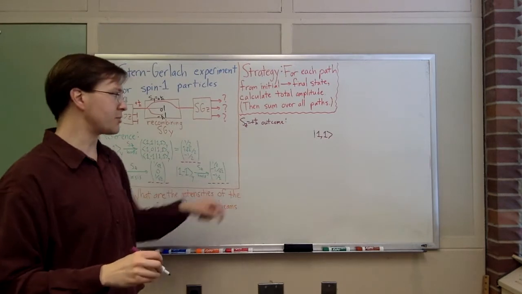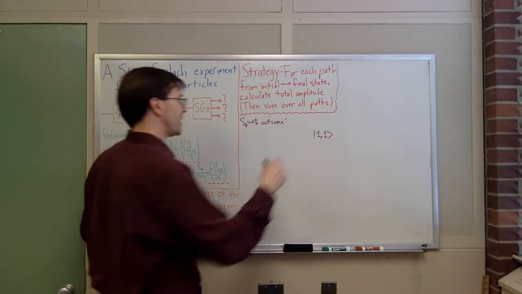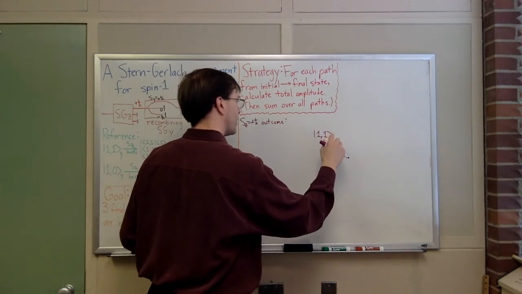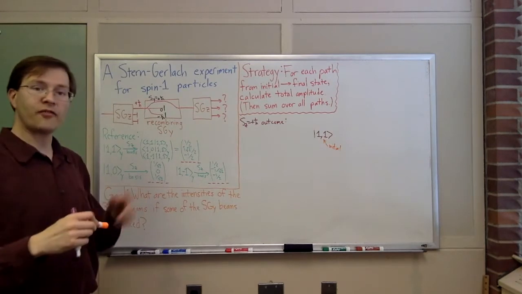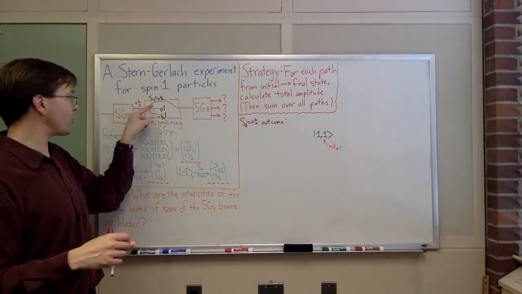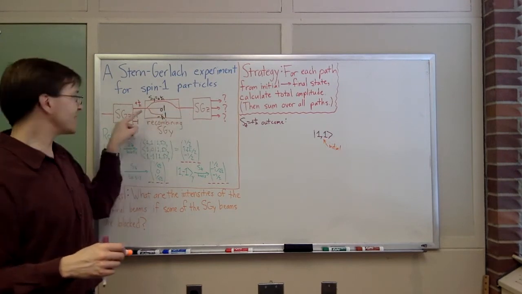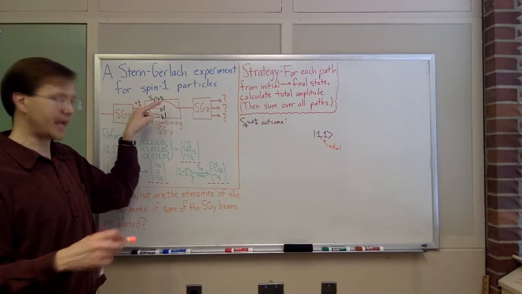I could put a z subscript, but I'm not going to. That's my initial vector. And then I follow my path. I say, okay, it's going to get over there. The path that works is this top path. In the top path, I was along the s y equals plus h bar state.